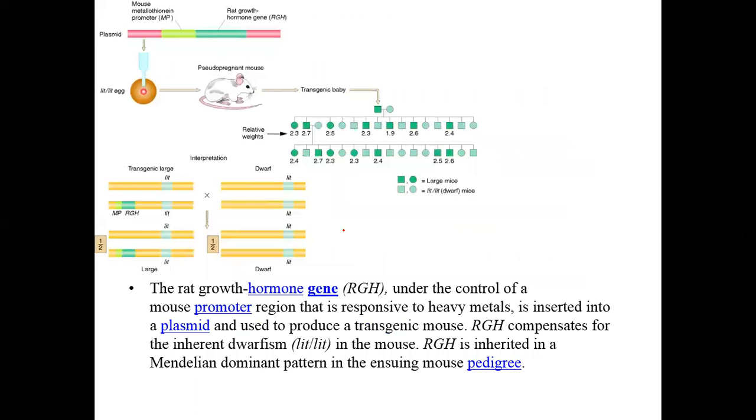If you can see, this is the gene sequence, and this is the MP region, and this is the rat growth hormone. The construct is made and injected into the homozygous recessive female egg, and then this is transplanted into the pseudopregnant mouse.